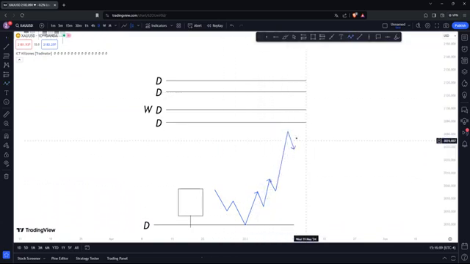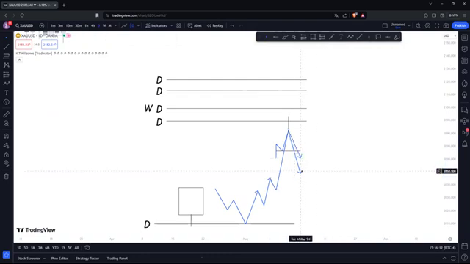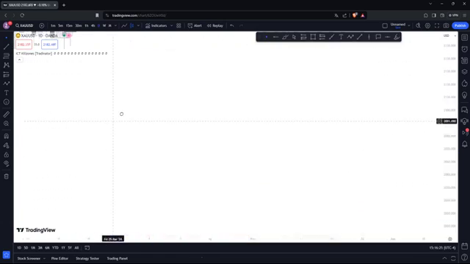So if you have a rejection here, and then you have a bearish breakout, say here, the bearish breakout, then this will count as a shift in storyline. So from bullish to bearish, and you would say this is the daily level that started the bearish storyline and stopped the bullish storyline. So here, I'm going to show you an example.